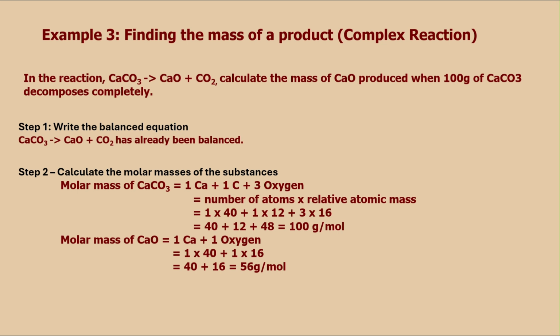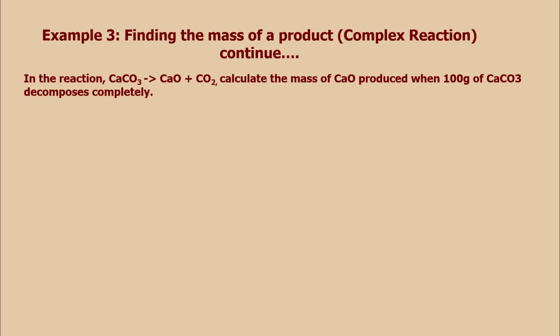Molar mass of calcium oxide, CaO, is equal to 1 calcium plus 1 oxygen, equals 1 times 40 plus 1 times 16, is equal to 40 plus 16 is equal to 56 grams per mole. Step 3. Determine the number of moles of substances.